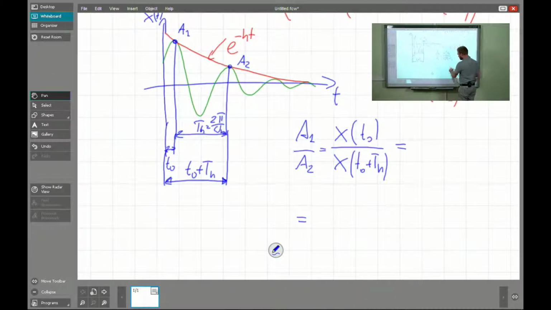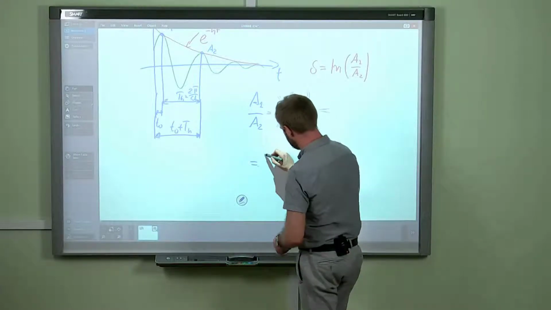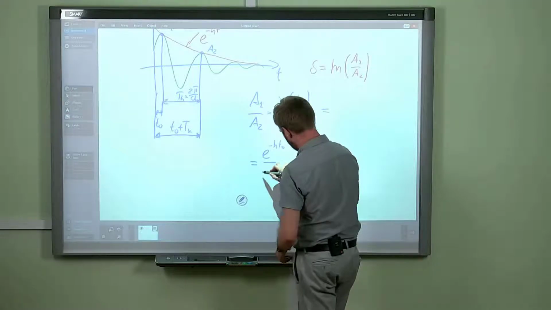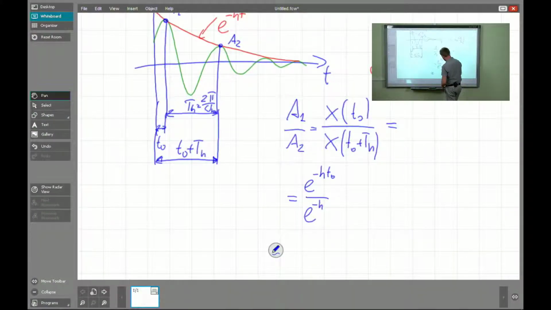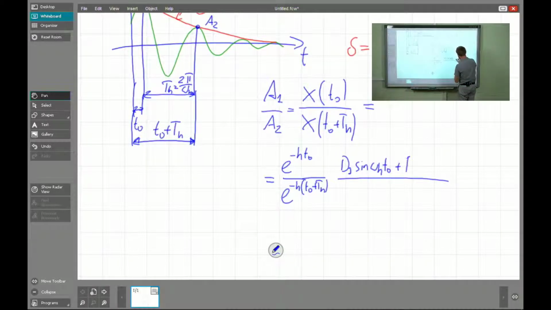Okay, and if we want to compute it, we have to put in the data. As a numerator we have e to the minus h T0, as a denominator we have e to the minus h (T0 plus TH), and here we have our D1 sine omega_h T0 plus D2 times cosine omega_h T0.